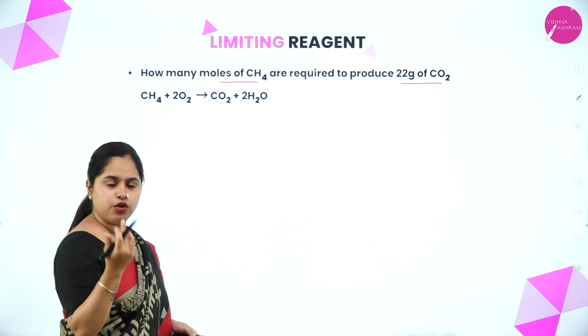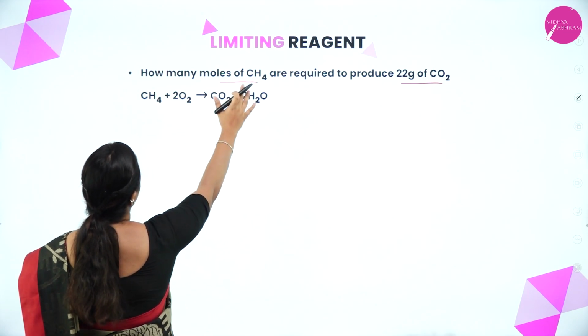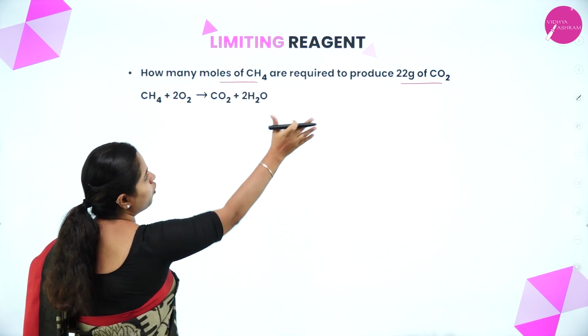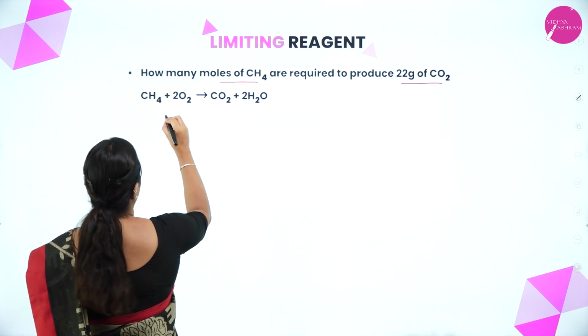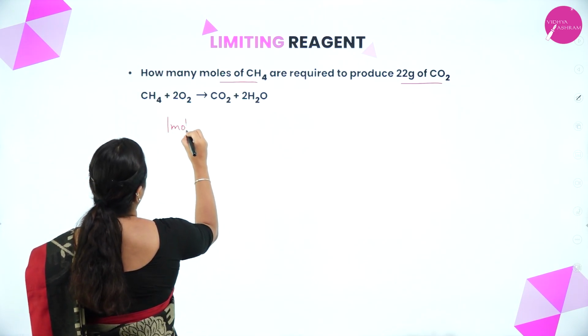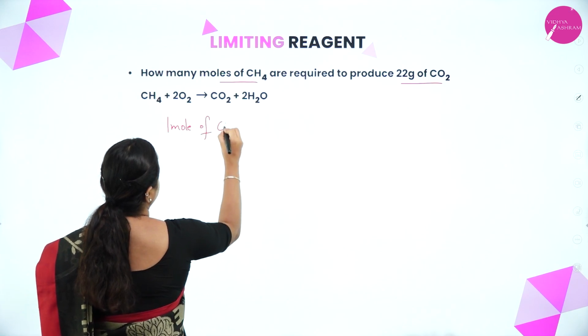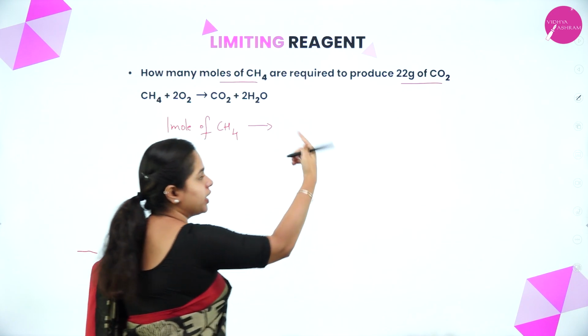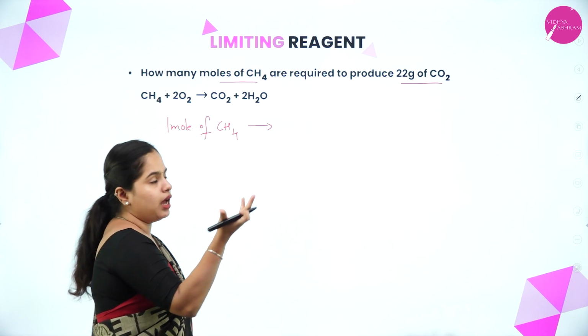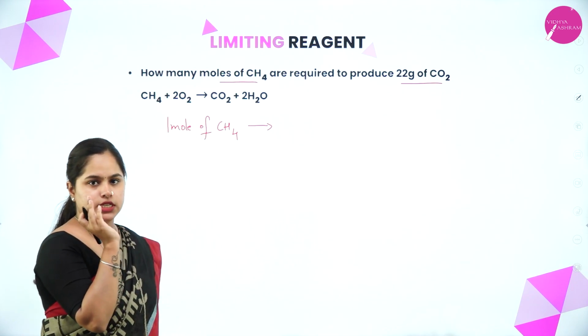So what information you can obtain from here? We need to find out the relation between CH4 and CO2. So how do I proceed? 1 mole of CH4 will give me how much? In terms of gram, I am writing for CO2 and in terms of mole, I will be representing for CH4.